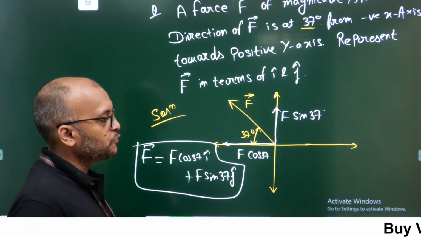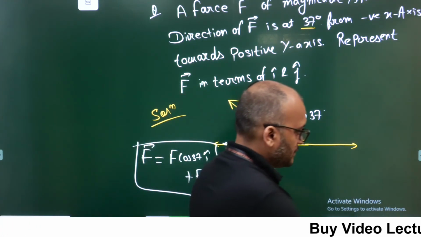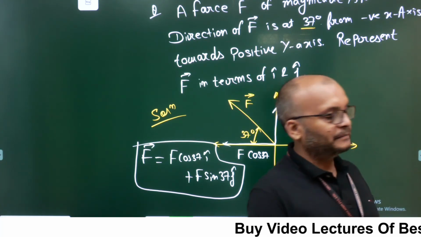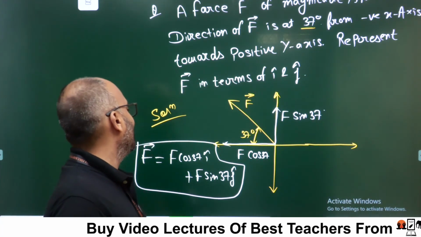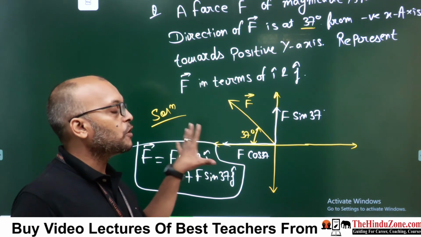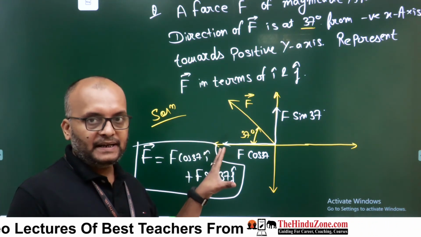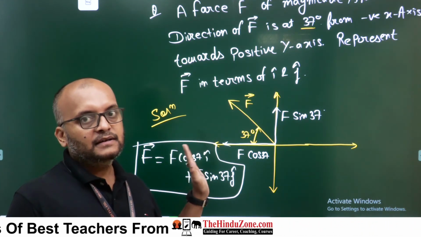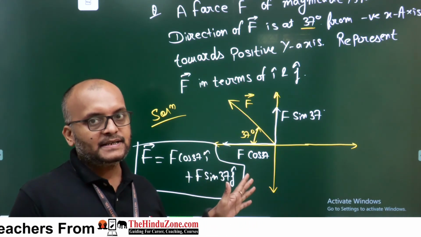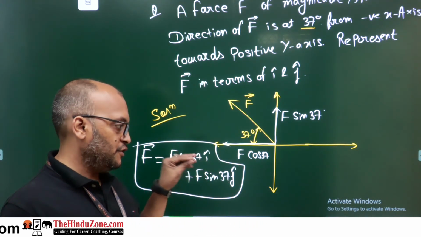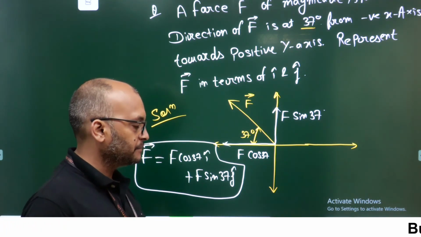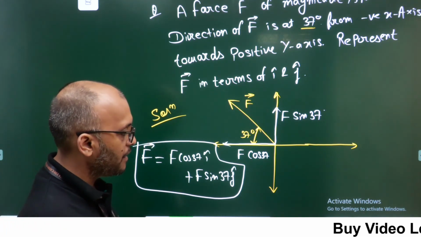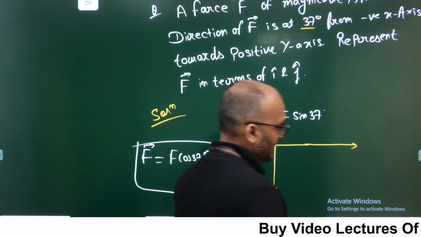So that's how you are going to do it. Anyway, is the concept clear? The main thing is not mathematics. Main thing is physics. You understand how we can resolve now? How we can represent it? Everyone? Yes, sir. That's great.